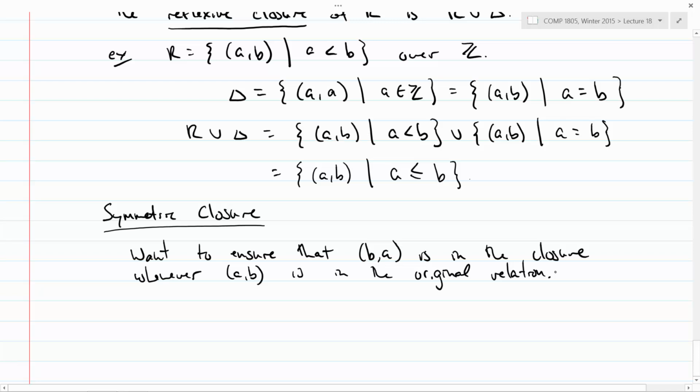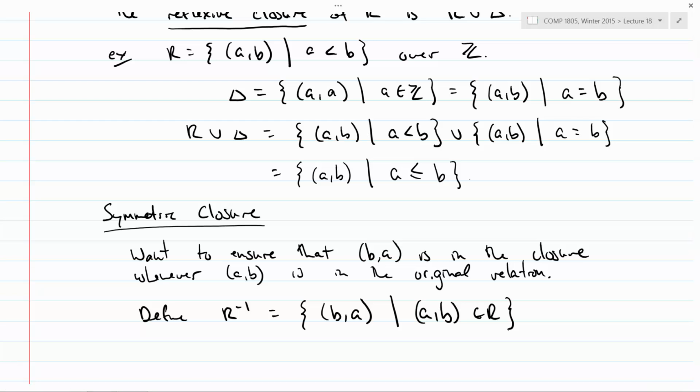We do a very similar thing to the reflexive closure example, but I define something slightly different. I'm going to define R inverse, so R to the minus 1, to be equal to {(b, a) such that (a, b) is in R}. So this is the inverse of a relation, if you like. All of the first things in the pairs become second things, and all the second things become first things, within the single pairs.